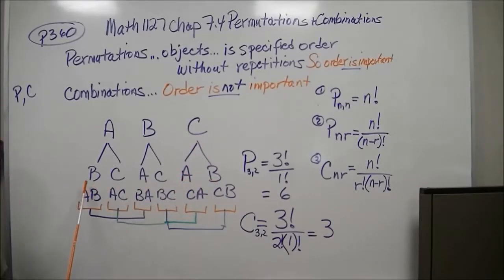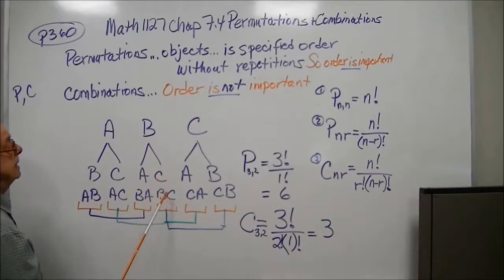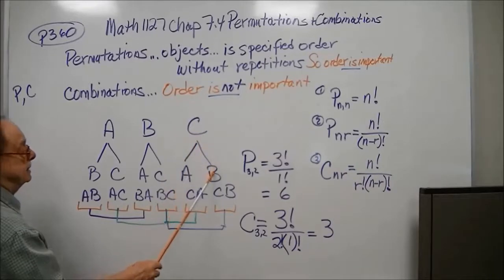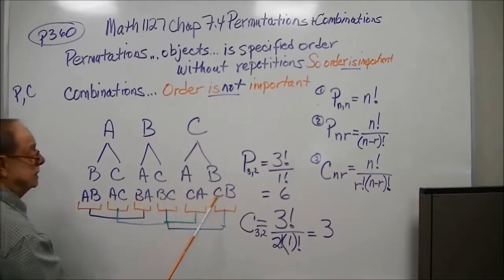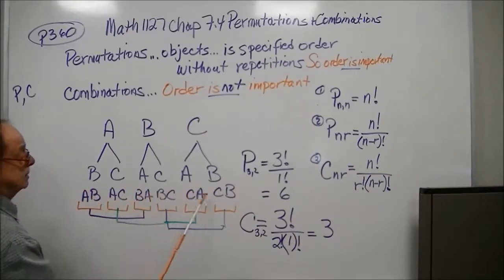Now, when order is significant, we can have here an AB and an AC. Here we can have a BA and a BC. And here we can have a CA and a CB. Now notice none of these are exactly the same. And how many did we get? Well, out of this we have 6.